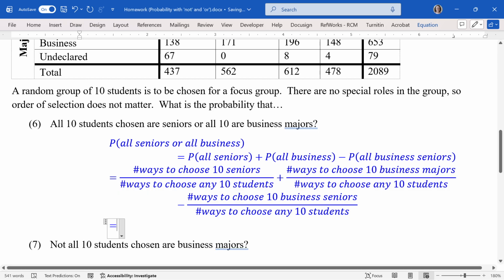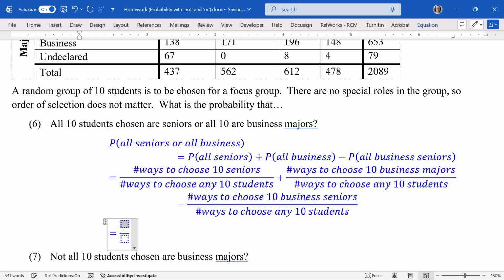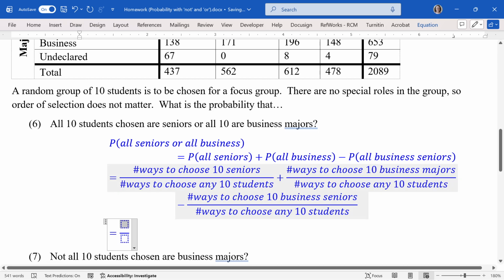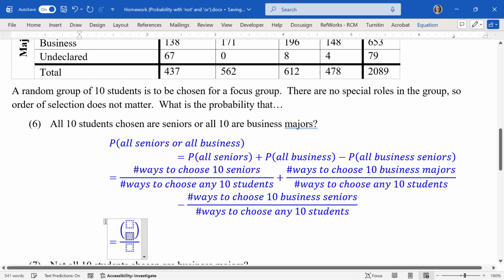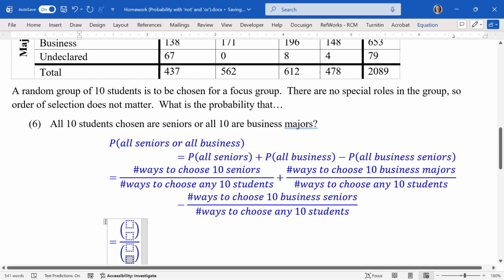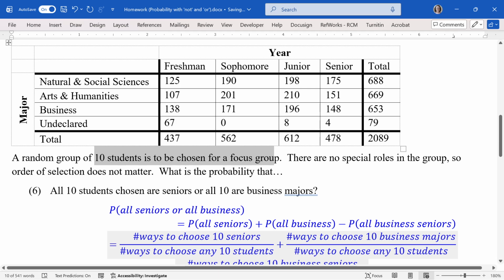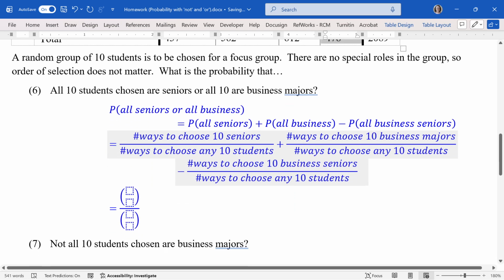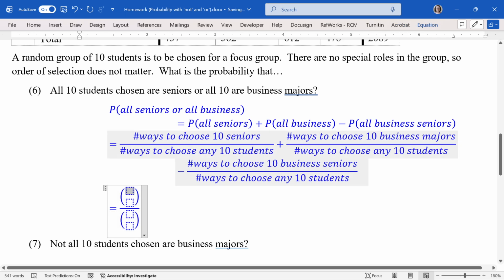Okay, so now let's actually fill in some numbers here, or actually some notation. So the number of ways to choose 10 seniors, we're going to use that choose notation because we want to do it without order. It doesn't matter what order they join the focus group in, they're just going to be on the focus group. So seniors, how many do I have? I have 478 seniors, and I'm going to choose 10 of them.